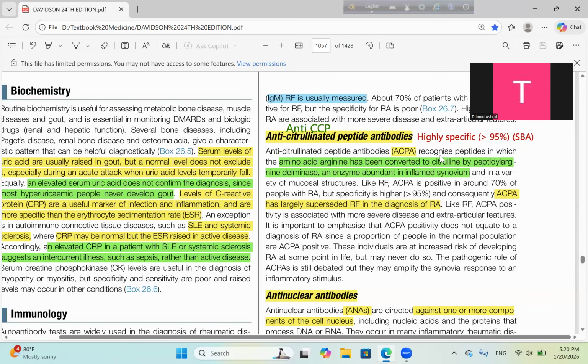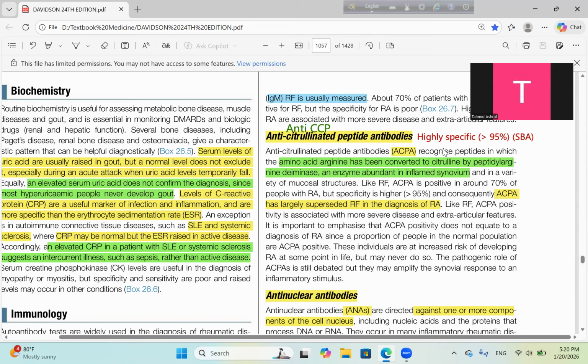ACPA is a peptide type of antibody in which the amino acid arginine has been converted to citrulline. Arginine is converted to another amino acid, citrulline, by the peptidyl arginine deaminase enzyme. This enzyme is abundant in inflamed synovium.